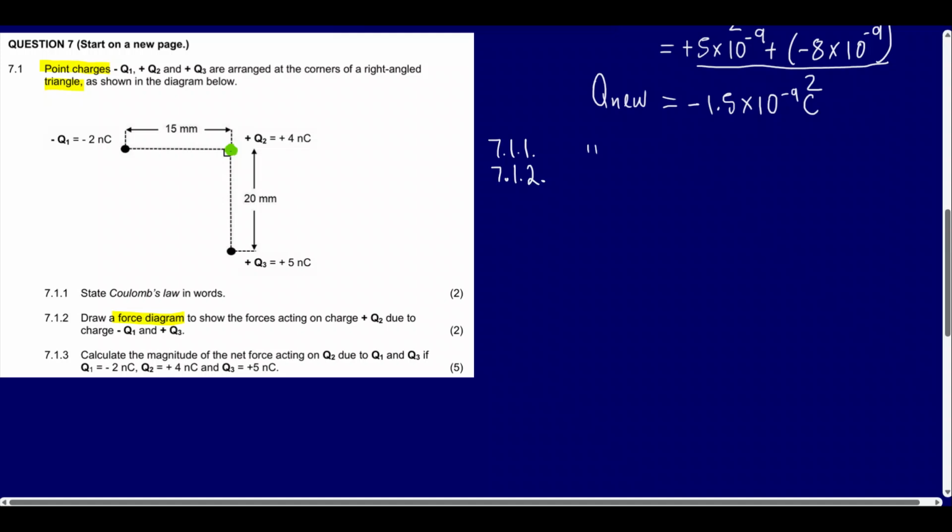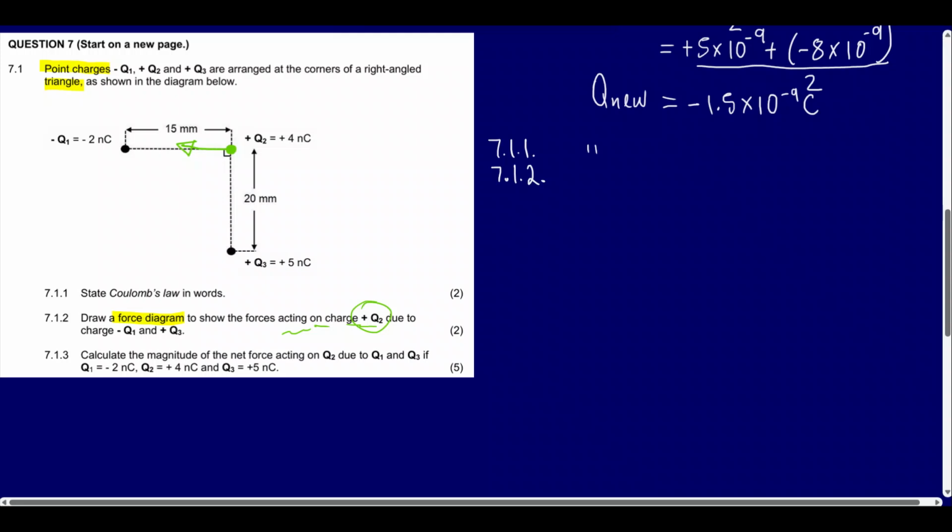Because this force diagram has to be drawn on the charge Q2, we can place a point there, or we can just show the dot there. Because this is positive, imagine yourself as the charge. If you are this charge and you see someone positive or someone negative there, remember you are positive by that time.